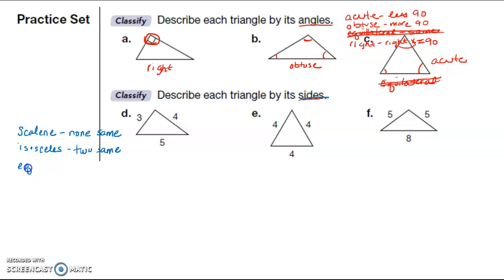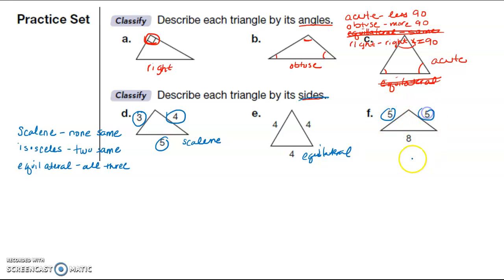And then comes our equilateral, where all three sides are the same. Here I have a triangle that has three different sides, so that's going to be a scalene triangle. Here all my sides are the same, so that's equilateral. And here I have two sides that are the same, so that's isosceles.